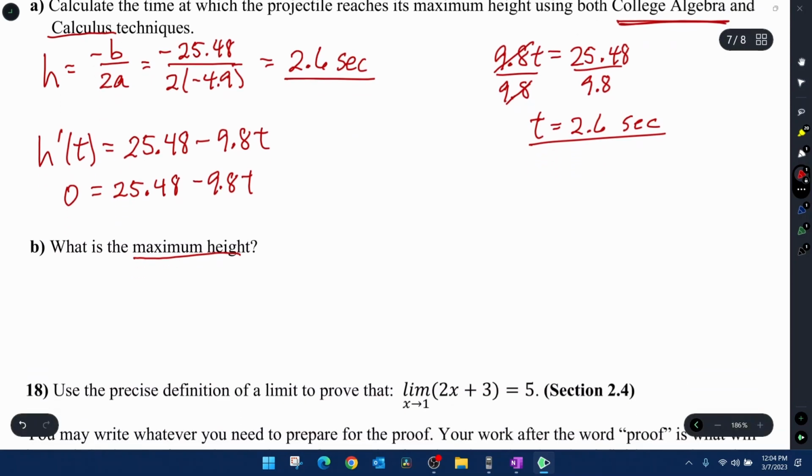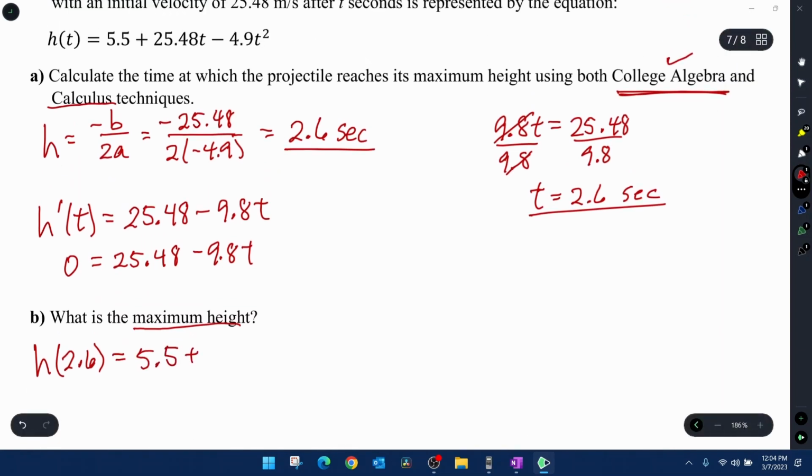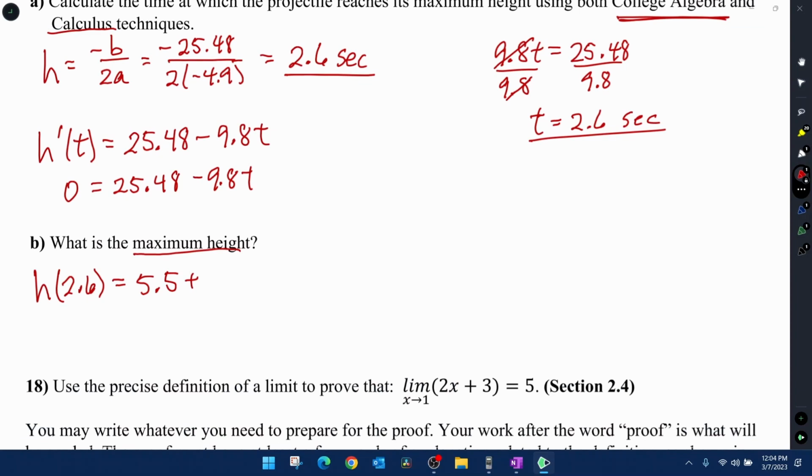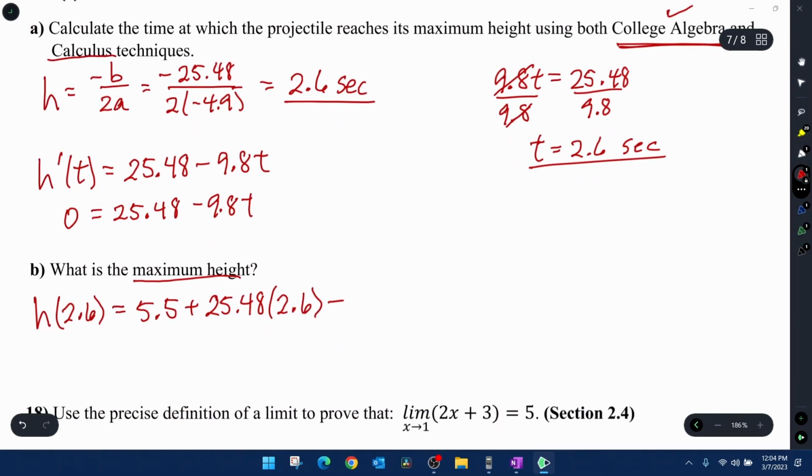So let's calculate h of 2.6. 5.5 plus 25.48 times 2.6 minus 4.9 times 2.6 squared.